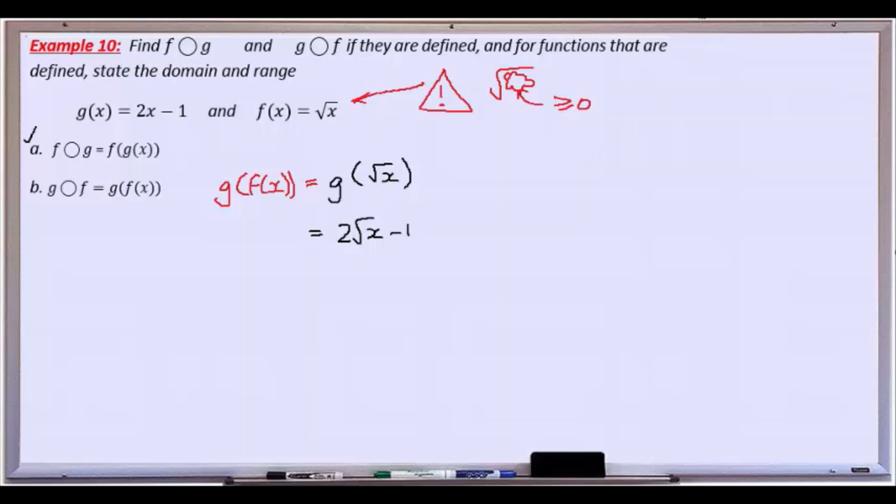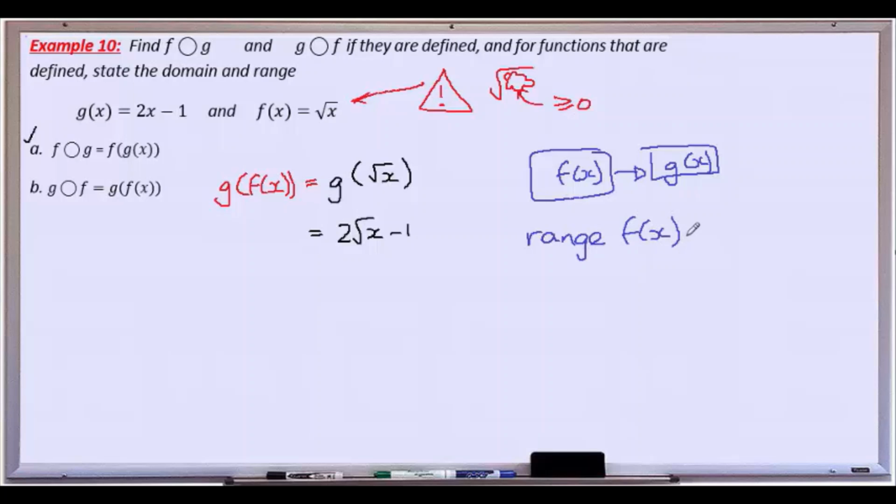Now, we have nowhere in our g of f of x machine where numbers that go into f of x can't be put into g of x. When we have a look at our range of f of x, whatever numbers we put in here, don't worry that we can't put negative numbers in at the very start.